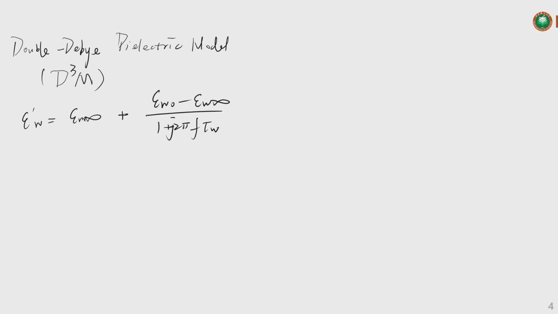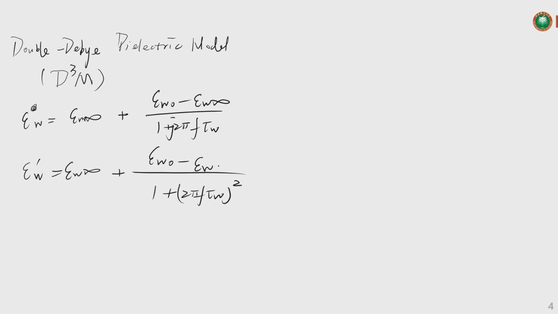But for the double Debye, okay, this is the real part. So this is single Debye. For the double Debye, we would first separate it into two terms. The real part first is epsilon w infinity plus 1 over 1 plus (2 pi f tau w) squared times epsilon w0 minus epsilon w infinity, all right?